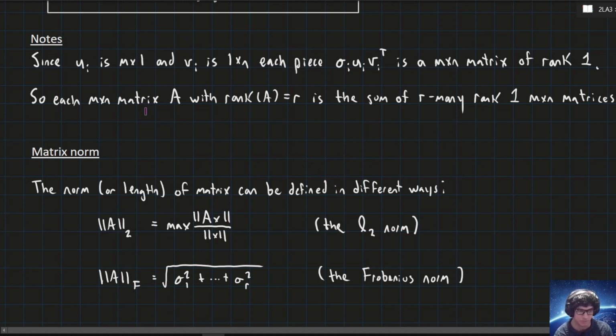There are many different ways you can define the length or the norm. Here are two examples of matrix norms. We write the norm by writing double lines around the matrix A. That means the length. When we write just one line around A, that means the determinant. But when we write double lines, that means the norm or the length.